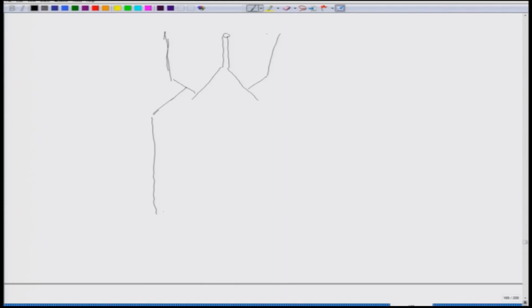You have one port coming out like this, another port coming out like this. On the other side you have a port out here, and there is another port out here, and I will label all the ports. It will be very clear to you.